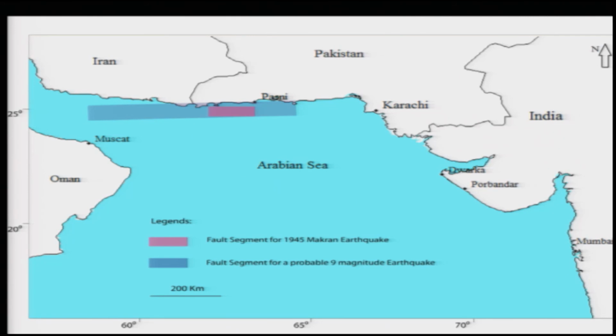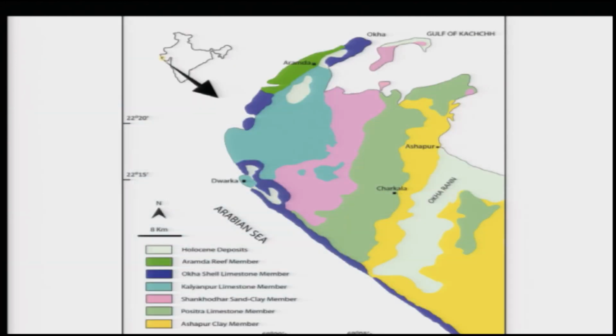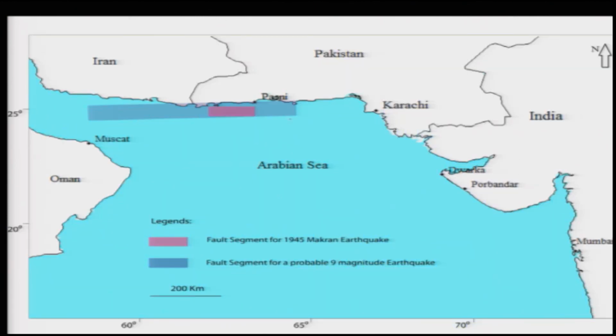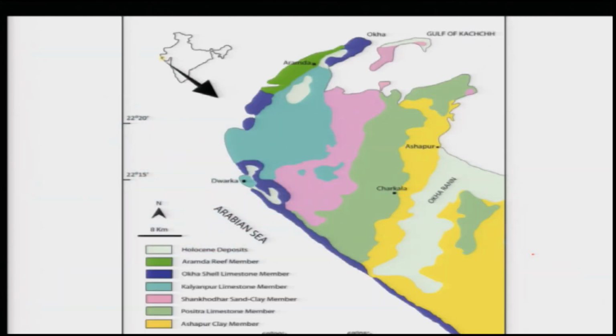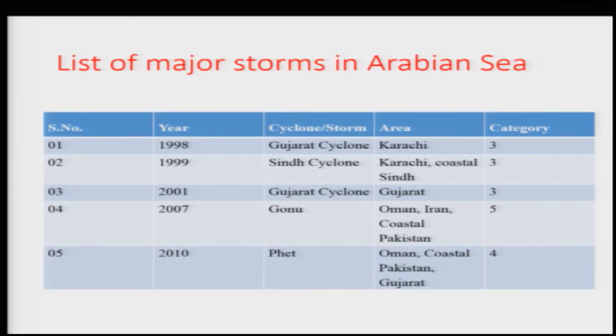We have not yet dated the material which we got from the Gujarat coast around the Dwarka area, but there are some indications that the 1945 earthquake along Makran was probably much larger and capable of generating an effective tsunami which also affected the coastline of the Indian peninsula, that is, the west coast of India.